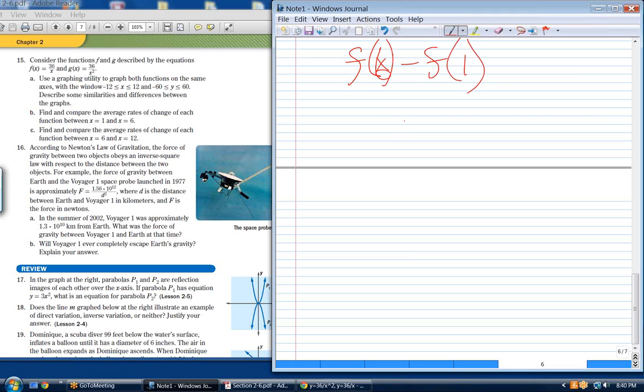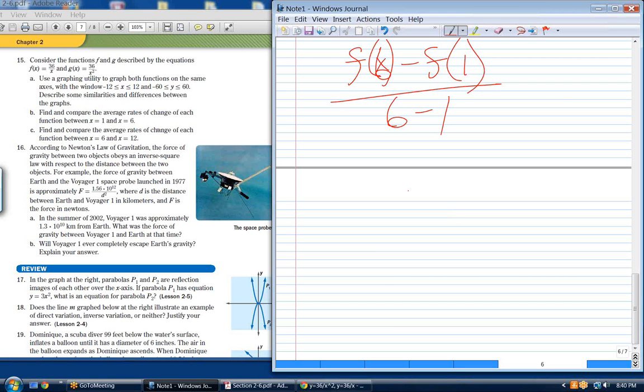That's the rise over the run. In other words, rate of change is slope. Right. And this is another preliminary to calculus because that's what differential calculus is all about, instantaneous rate of change. Well, here they're asking you for the average rate of change.